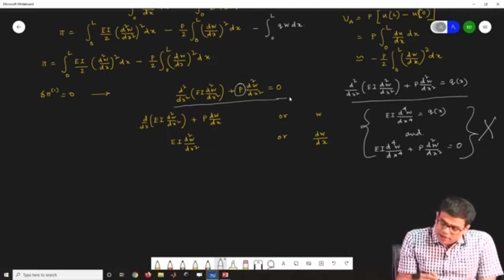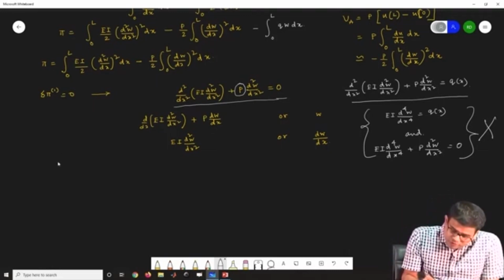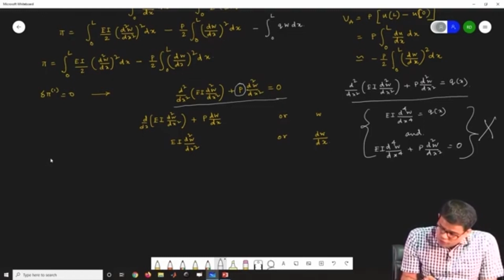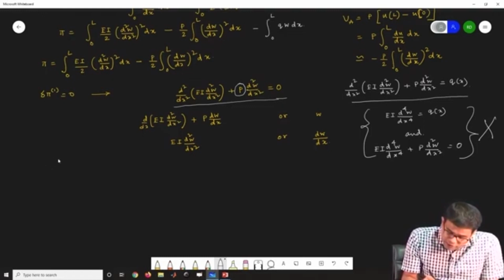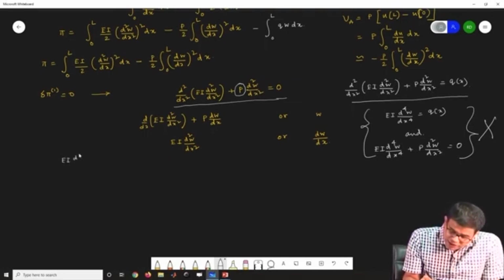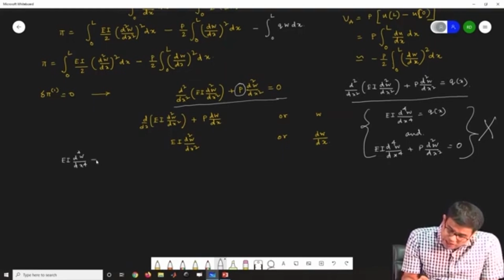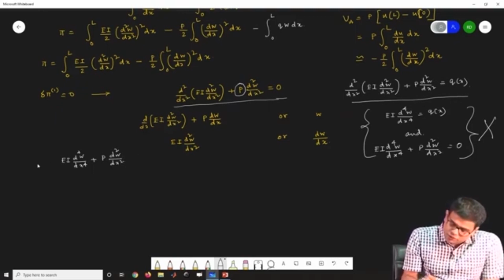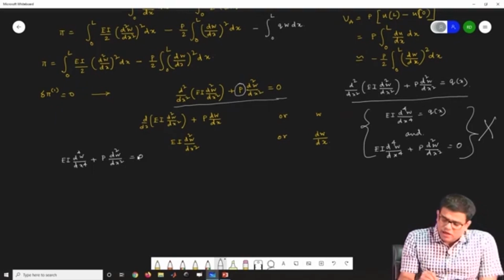So our standard finite element procedure. Let us take EI constant. My governing equation is EI d to the power 4w dx to the power 4 plus P into d2w dx square equals 0. So this is my equation.